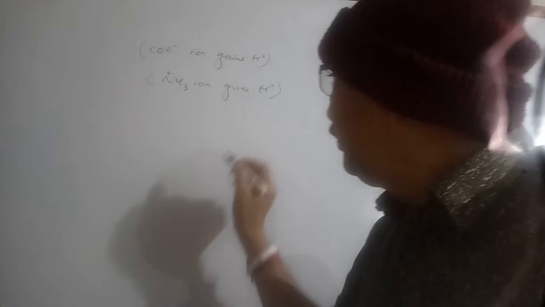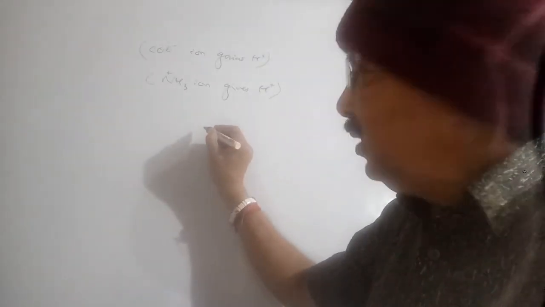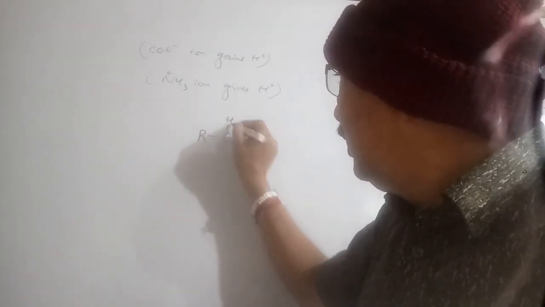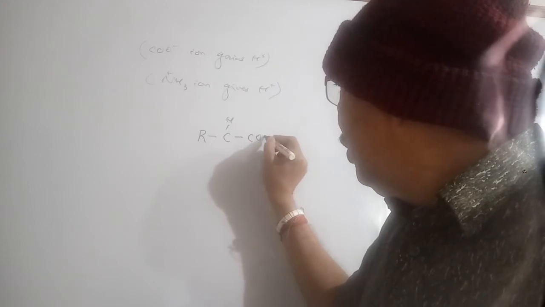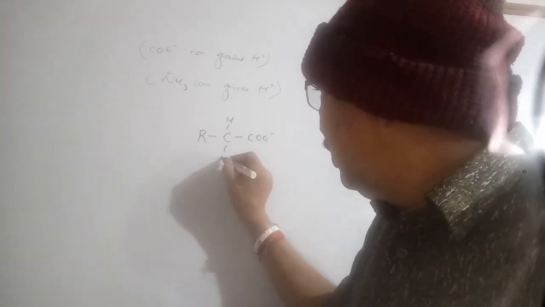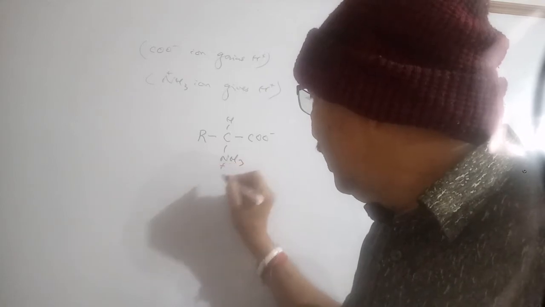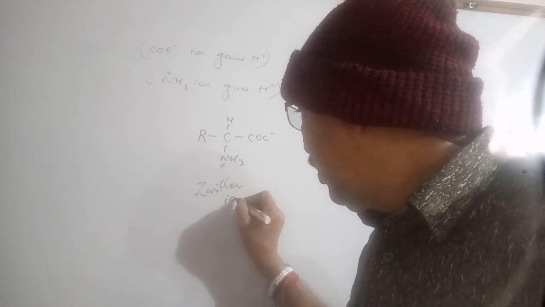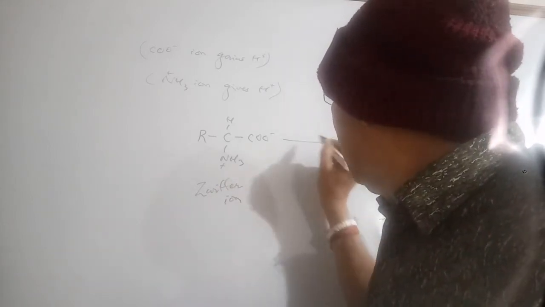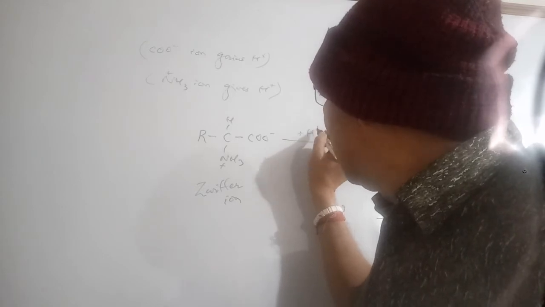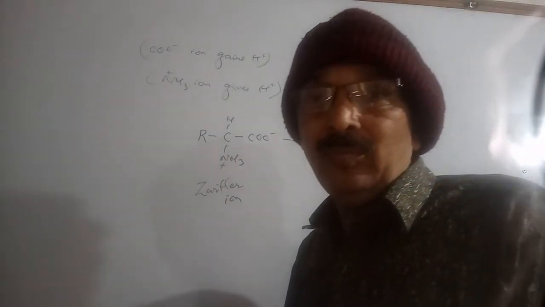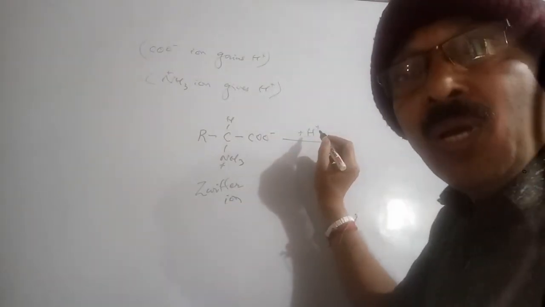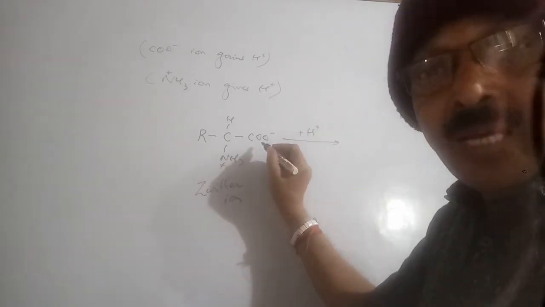So let us see. R, H, COO-, here is NH3+, zwitter ion, plus H+, that is a proton is being gained. This proton comes from an acid, so it acts as a base.